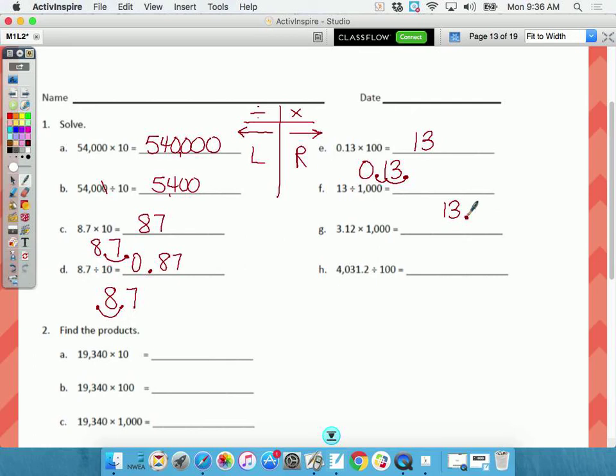How many place values am I going to move, class? 3. Which way? Left. Why am I moving left? Because we're dividing. Watch me hop the decimal before you do it. 1, 2, 3. What do I fill in with right here? 0. So my answer is decimal 013. Am I finished? No. Somebody besides Sadie, tell me what to put at the front. A 0. How do I say this number?